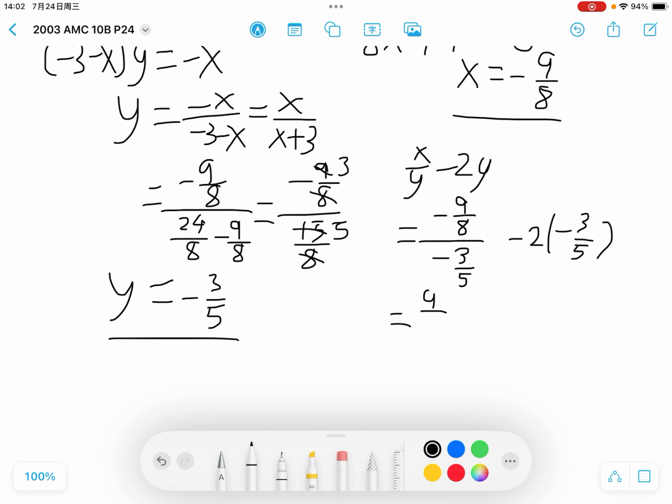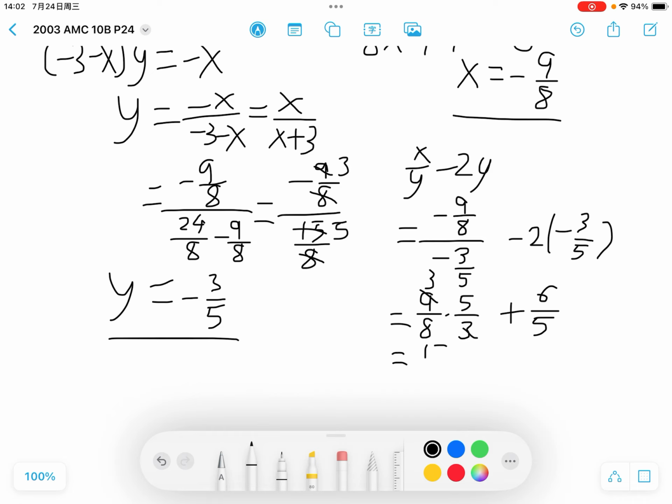Therefore we have 9 over 8 times 5 over 3. The negative signs cancel out, and we can factor out a 3. And then we also have plus 6 over 5 because the negative signs cancel out once again.